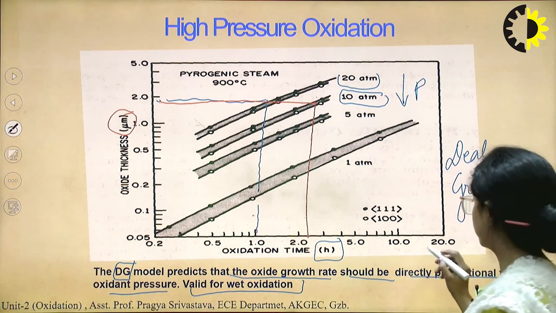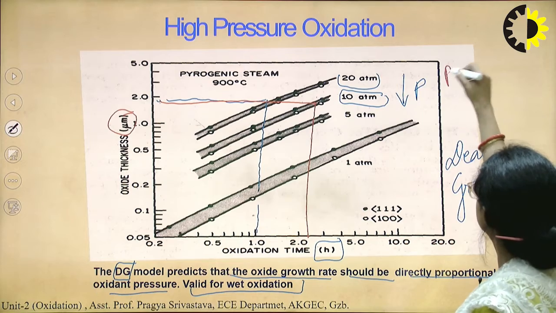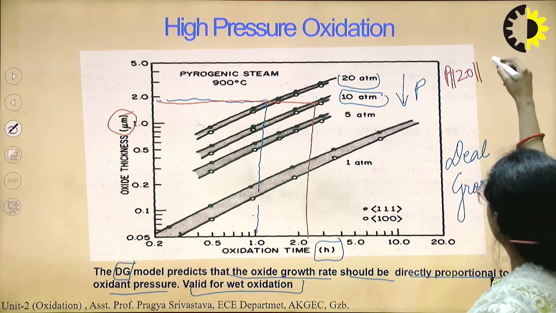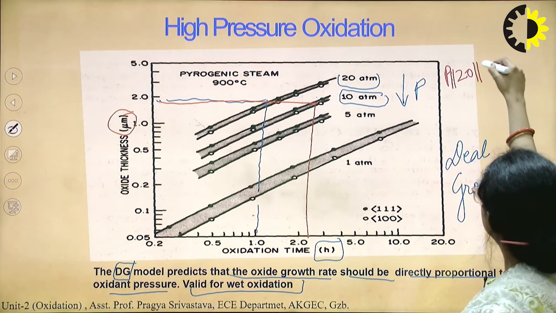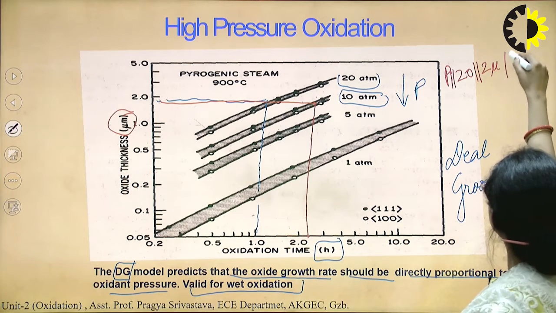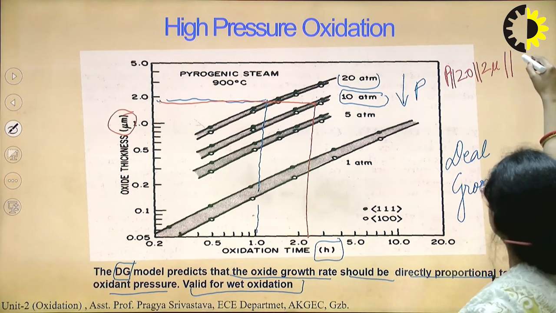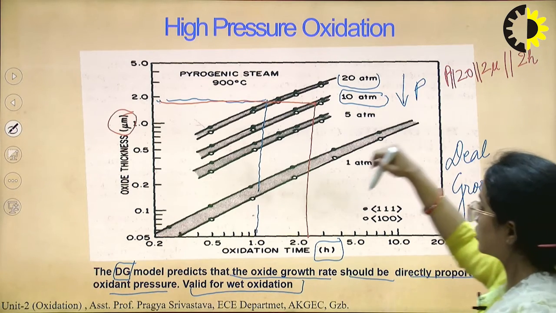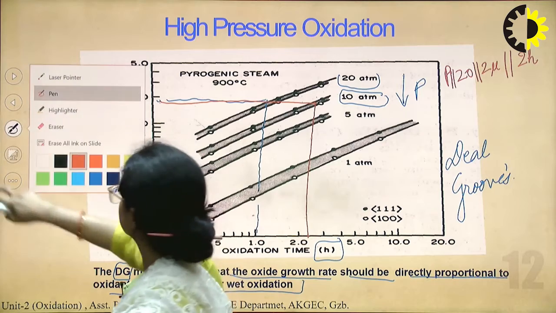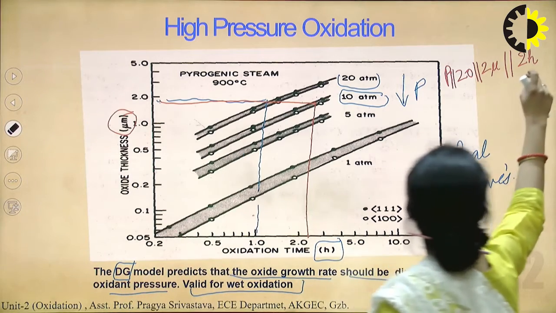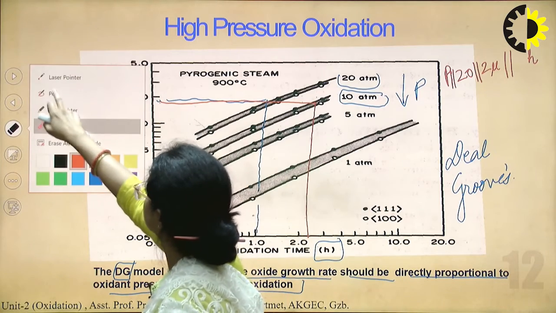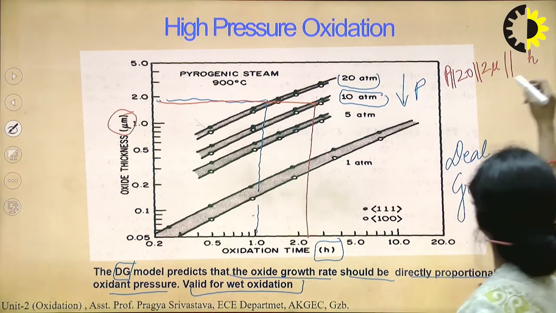So when the pressure was 20 atm, a thickness of 2 micrometer would require just 1 hour.